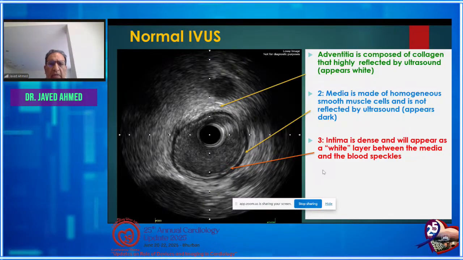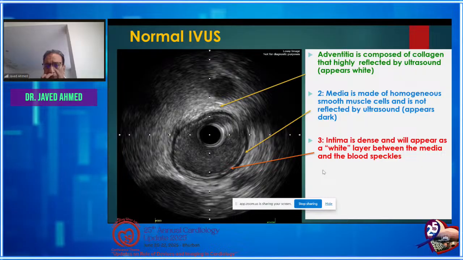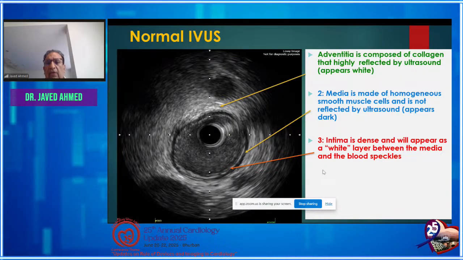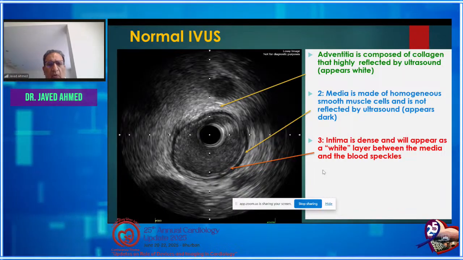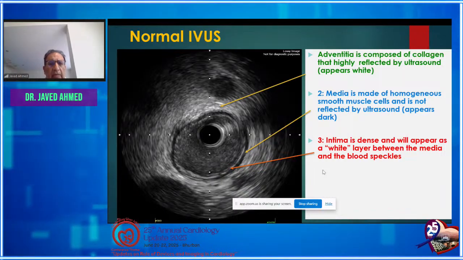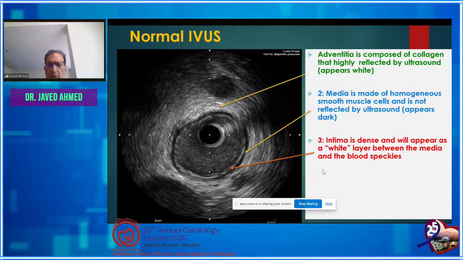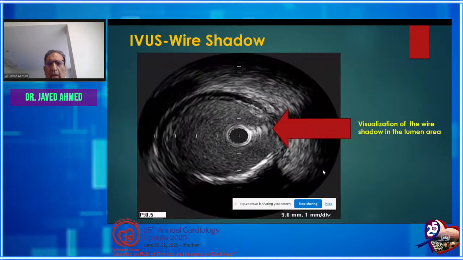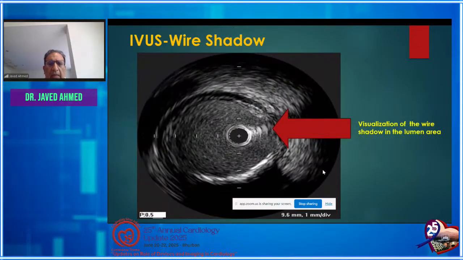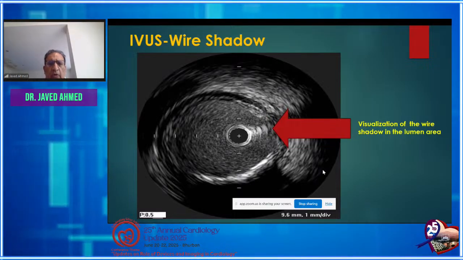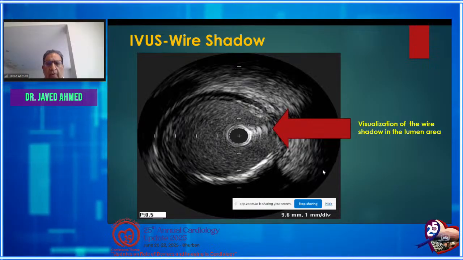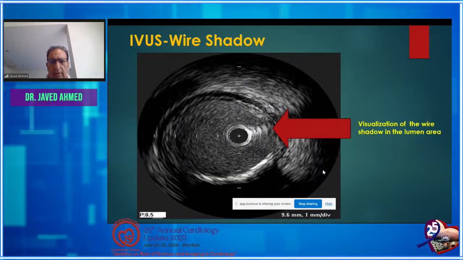Then you see the media, which mainly contains smooth muscle and appears black. Then the adventitia, outside the media, is quite bright and echogenic. And here you can see the wire visualization when you insert an IVUS probe inside the coronary artery.